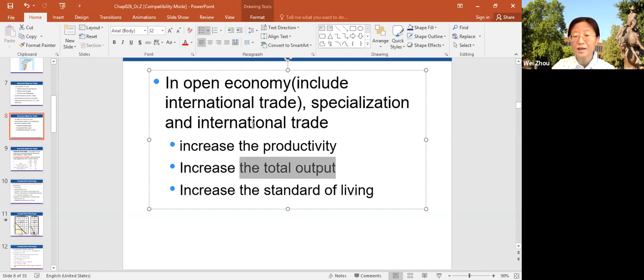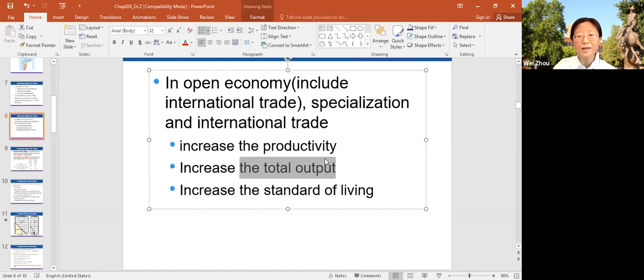If you look at the US and Mexico, the total output of vegetable and beef goes up. And if output goes up, each country will consume more, increasing the standard of living. So that is why international trade is very, very important.